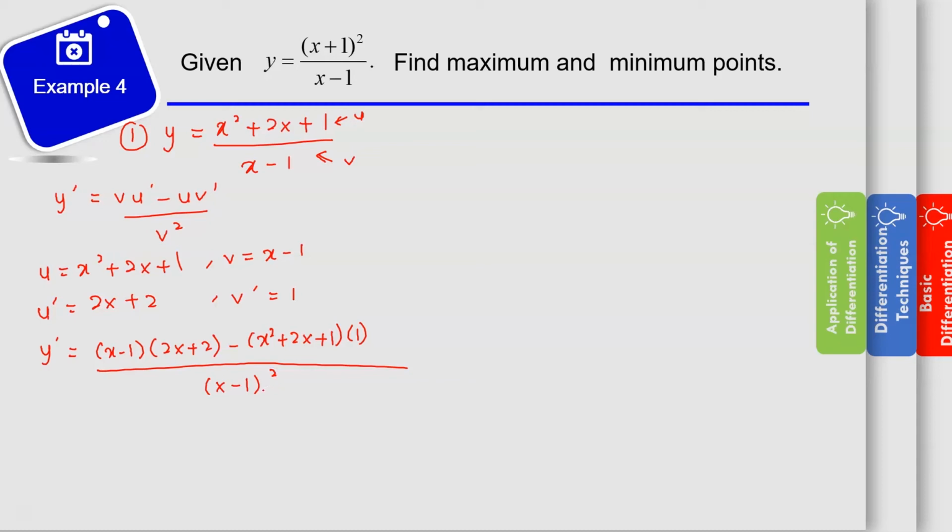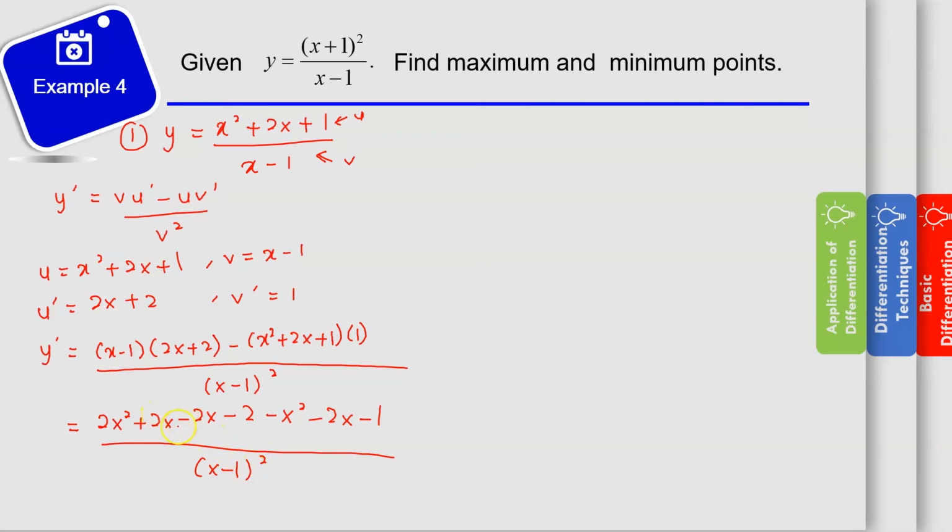In this case, how can we compute the maximum and minimum turning points? We need to make this y prime equal to 0. So we can simplify this equation. When we multiply this out, we have 2x squared plus 2x minus 2x minus 2, minus x squared minus 2x minus 1, divided by (x minus 1) to the power of 2.